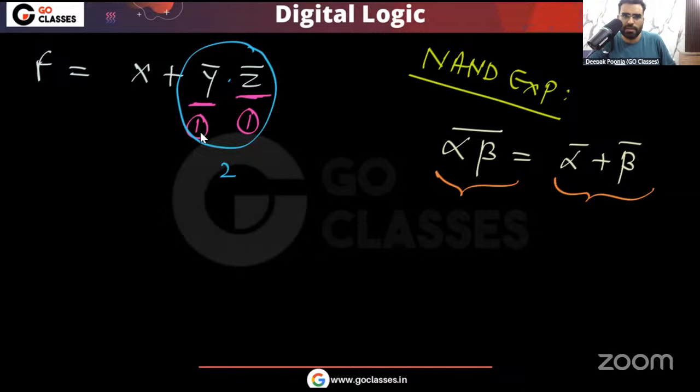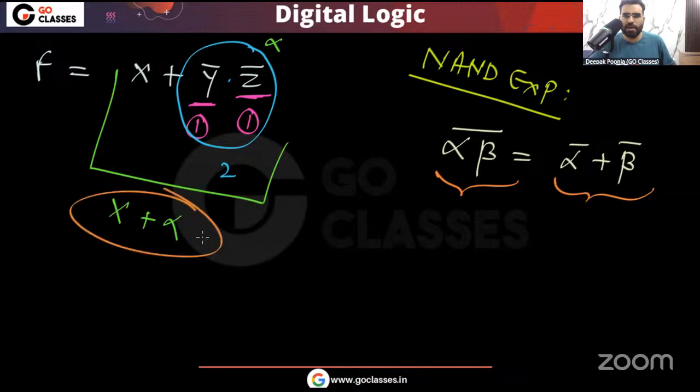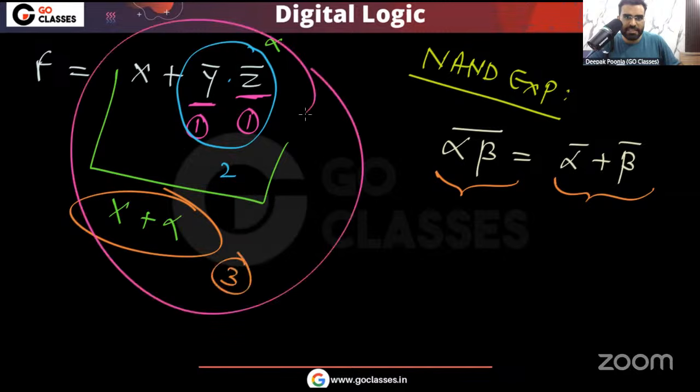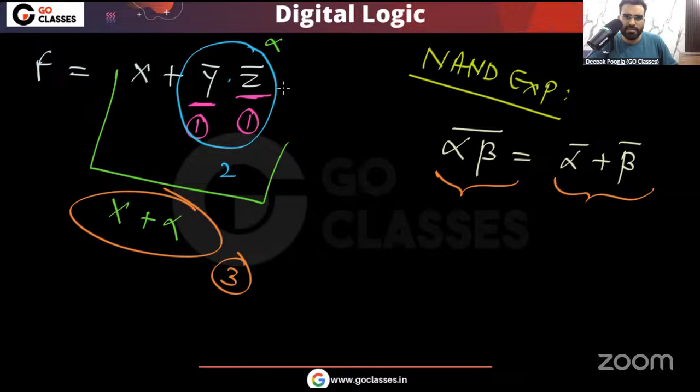Then here you can see total 3 NAND gates so far. Now you can see what we have here, x or alpha. For a moment, let's assume this is alpha. Then for x or alpha, for the OR operation, how many 2 input NAND gates do we need? 3. 3 NAND gates we need here. So if you think like this, then what is the answer you are getting?